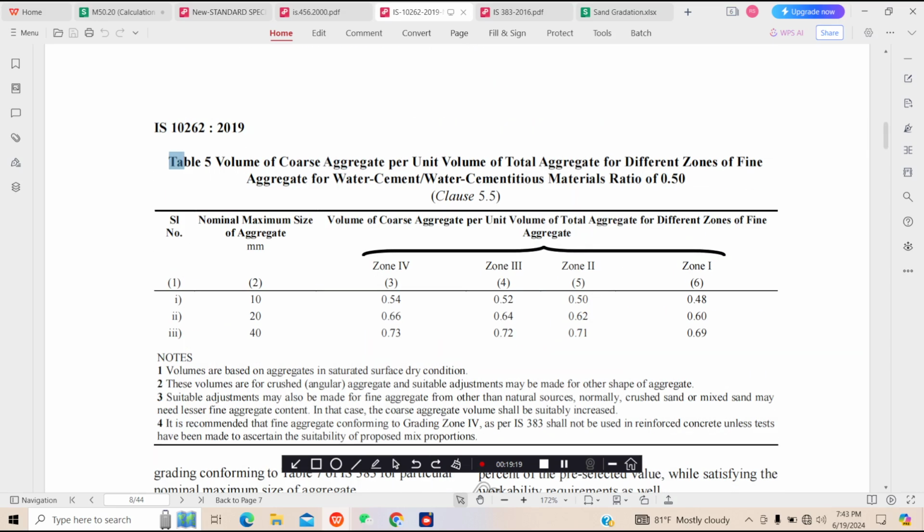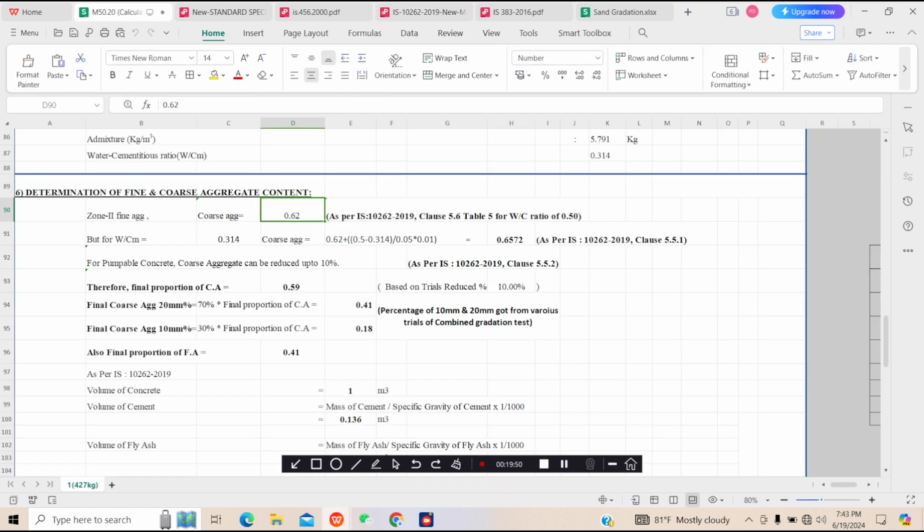Here they have clearly mentioned in Table 5 the volume of coarse aggregate per unit volume of total aggregate for different zones of fine aggregate, for a water cement or water cementitious material ratio of 0.5. The nominal maximum size of aggregate we are using is 20 mm, and the sand zone classification is zone 2. So for zone 2 and 20 mm maximum size of aggregate, the ratio is 0.62. From here we have taken this ratio 0.62.